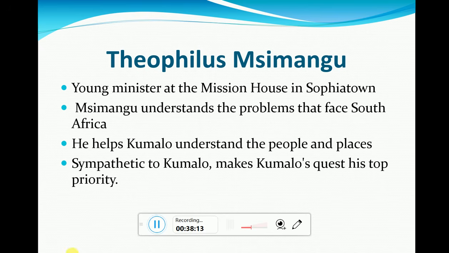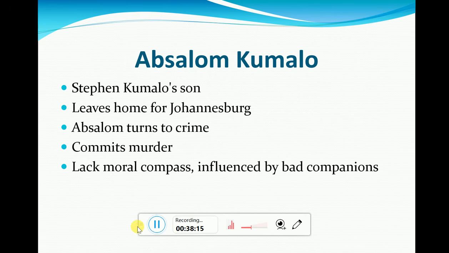We have Absalom, who is Reverend Kumalo's son, who's going to leave for Johannesburg. I've already mentioned that he's going to commit murder, and he lacked a moral compass because he was easily influenced by bad company. Let me remind you that he's going to be incarcerated for the death of Arthur Jarvis.